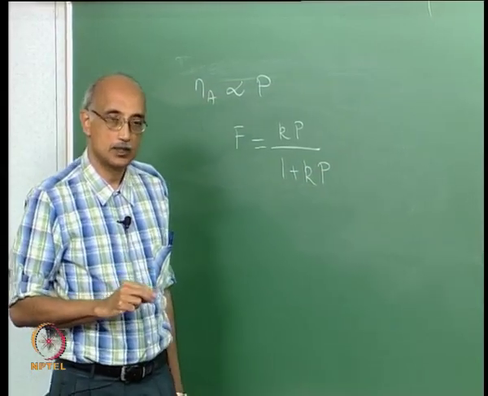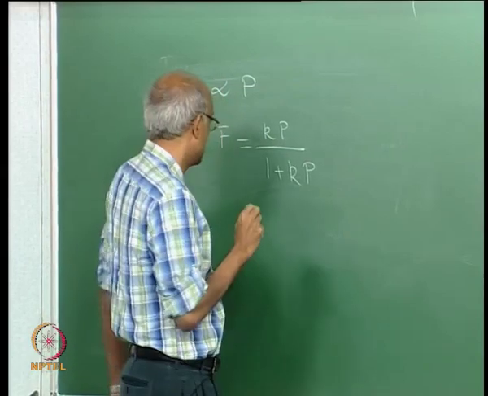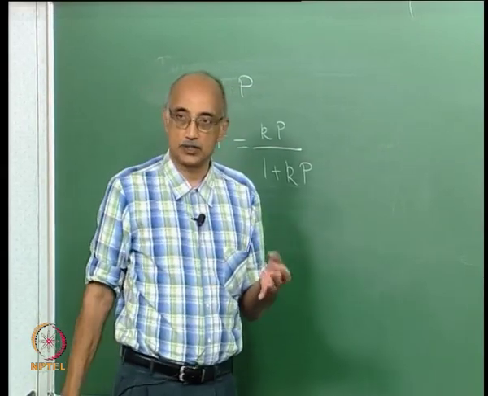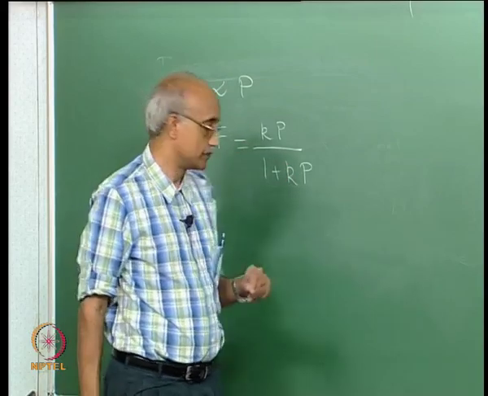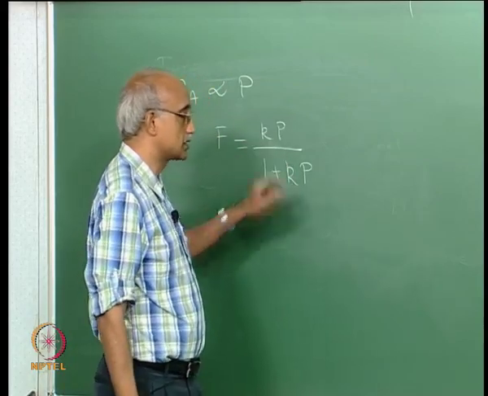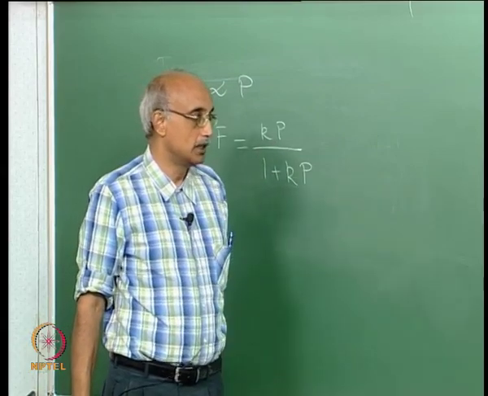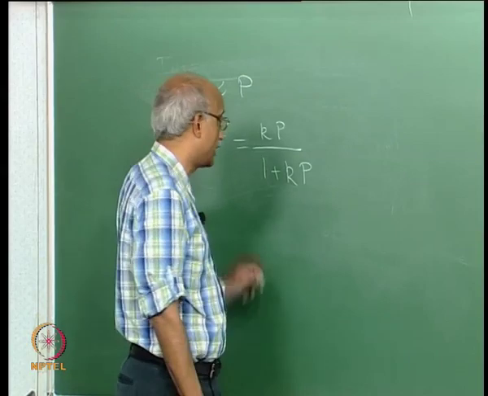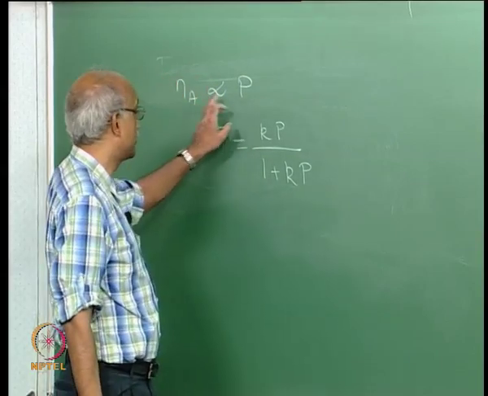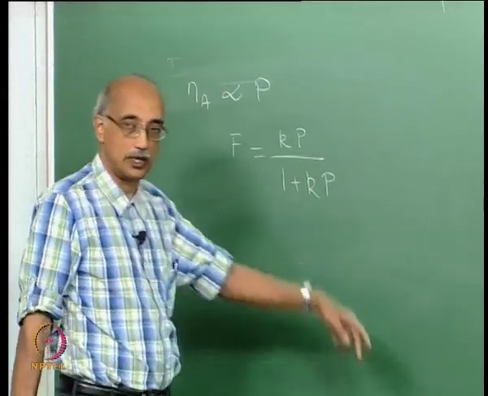So, this relates the fractional coverage of the surface to the pressure that is prevailing in the system. Obviously, the constant K will incorporate the Fs and RA terms in it, as well as the actual multiplier that converts pressure into Na.